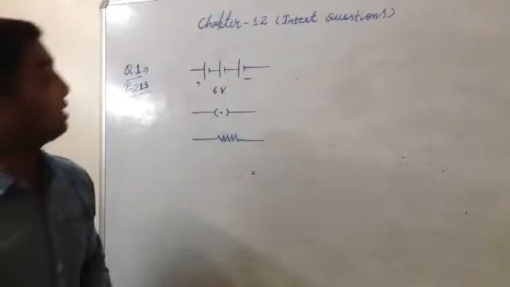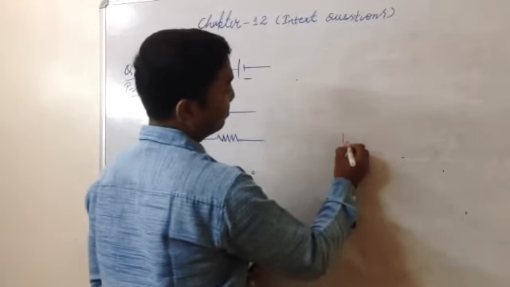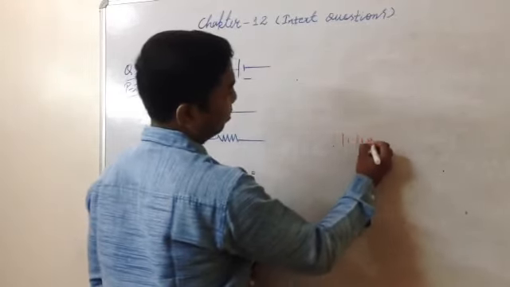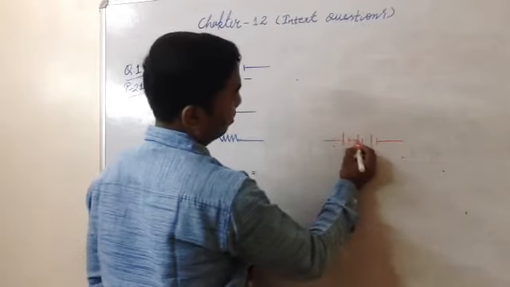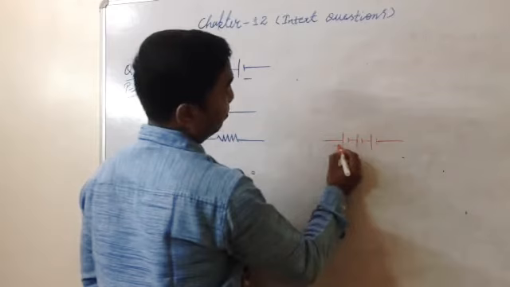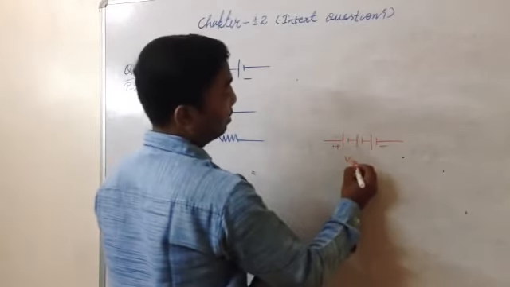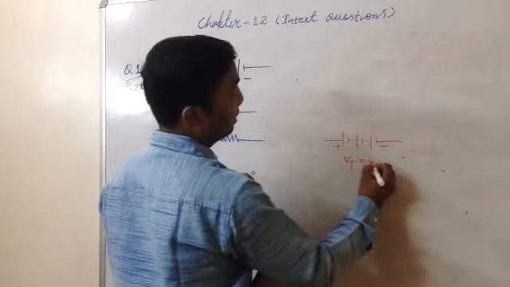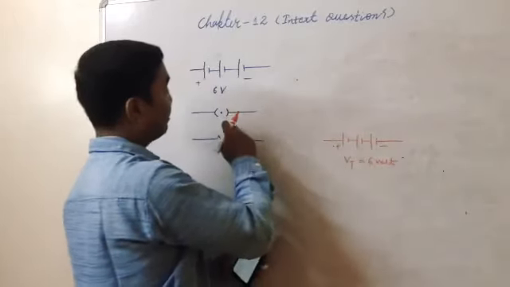So how can we connect? Look here, this is the battery, plus and minus. So this is the battery of 6 volt. Now what else do we want to connect?